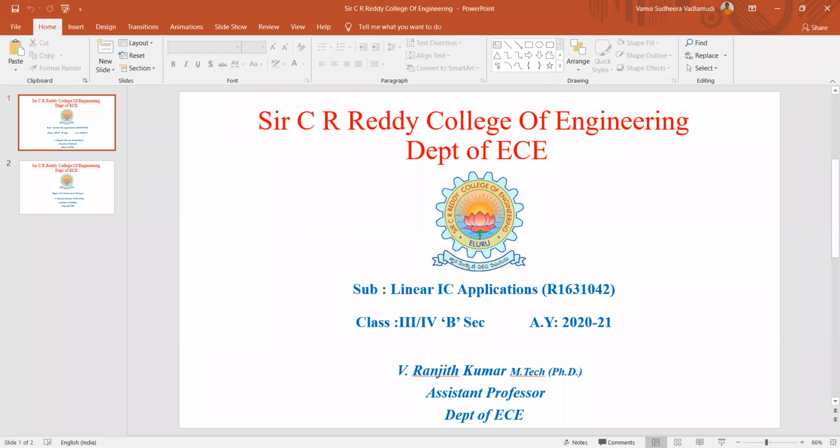Coming to the second application, level detector. By doing some modifications in the basic comparator circuit, we can design the level detector circuit. This was also discussed while moving the trip point. If you observe this level detector circuit, here I'm giving the input signal to the inverting input of my comparator.